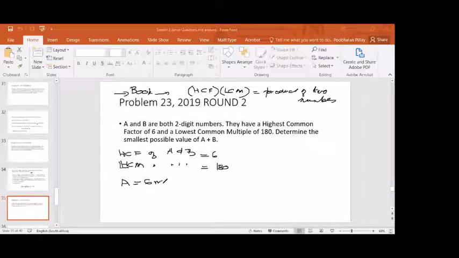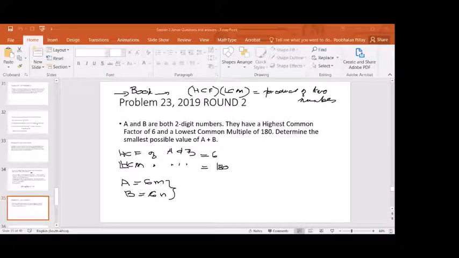Let's give a name to this: M. Likewise for B, the same situation. 6 is a factor of B, so B is also 6 times something else. We'll call it N, because 6 is a factor of both of them.